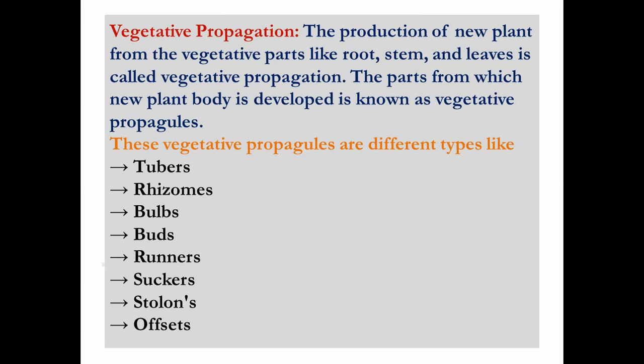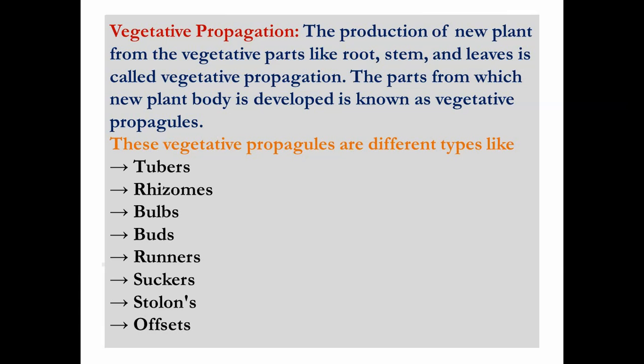flowering plants. Now the parts which help to develop the new plant body are known as vegetative propagules. That means if in any plant the root helps to develop a new plant, that root part is called a vegetative propagule. Now here are some examples.